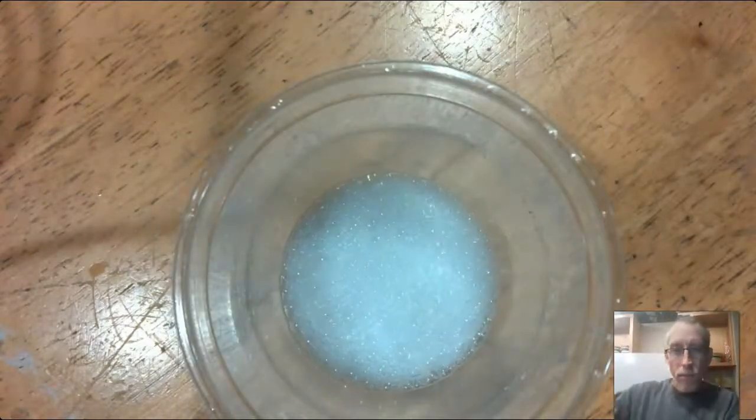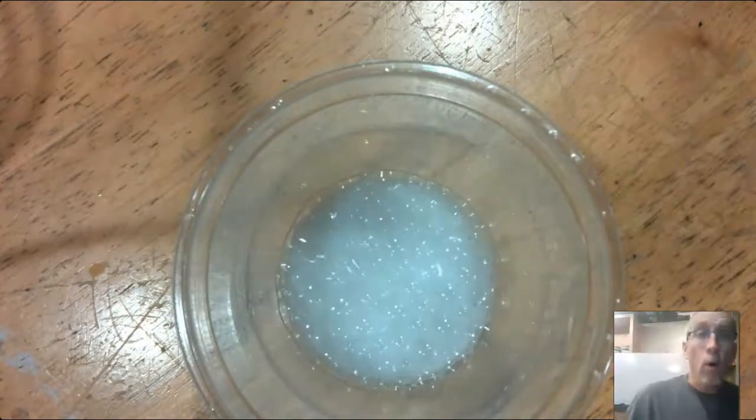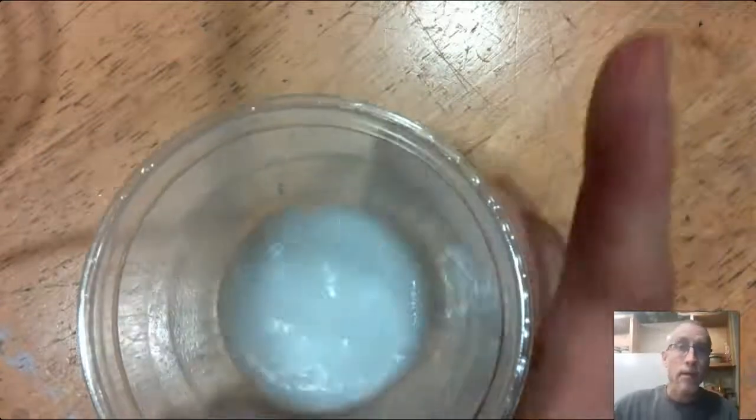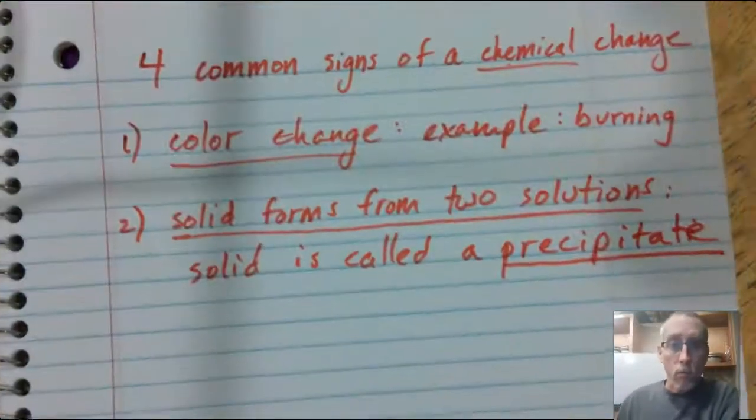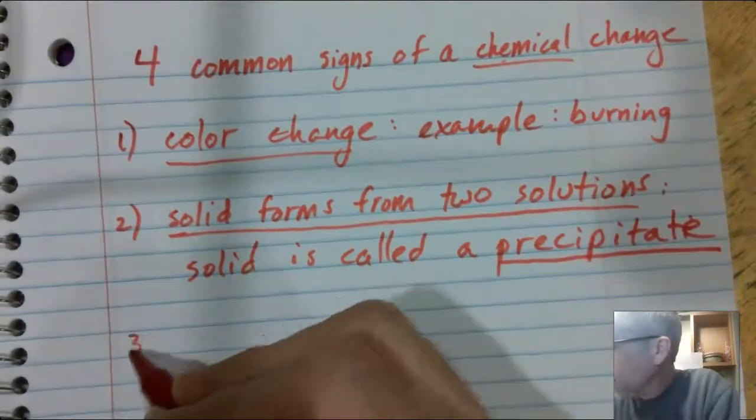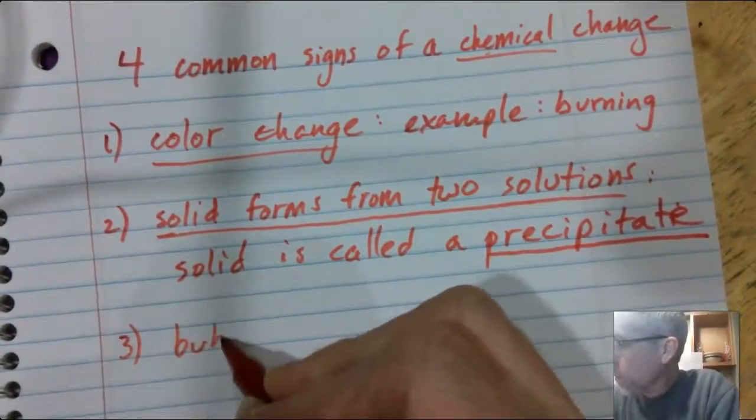So what you see there, I swirl it around. What we saw there were those bubbles forming, right? Turns out that is carbon dioxide being given off from that. But that is the third sign that I want to point out that a chemical reaction is happening, and that is bubbles forming.